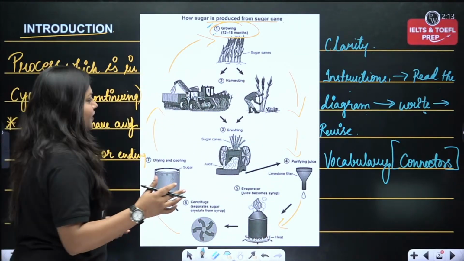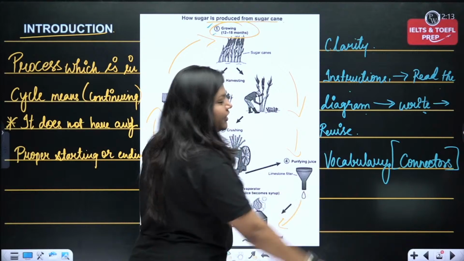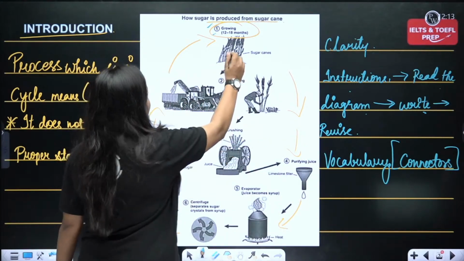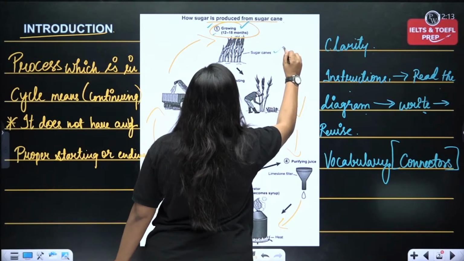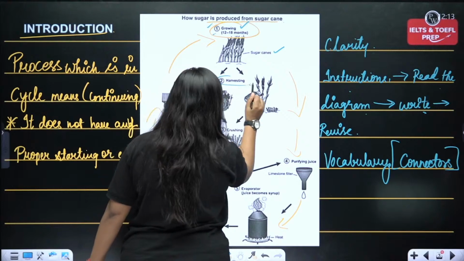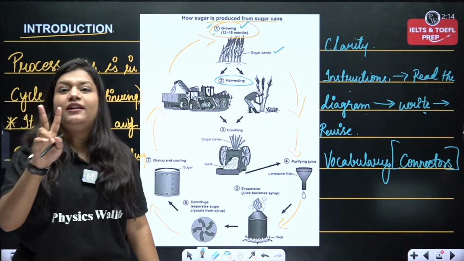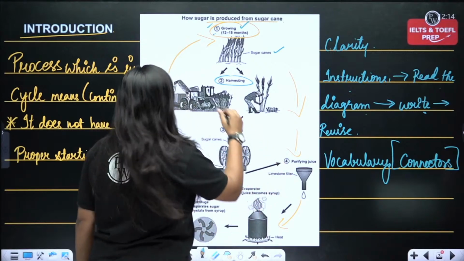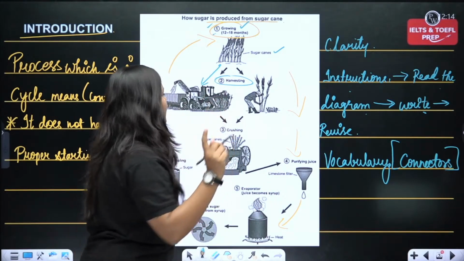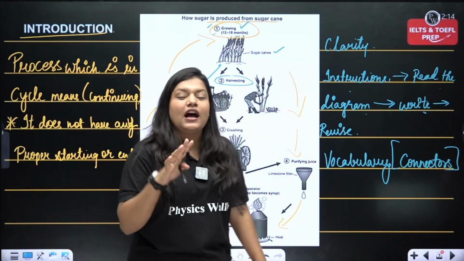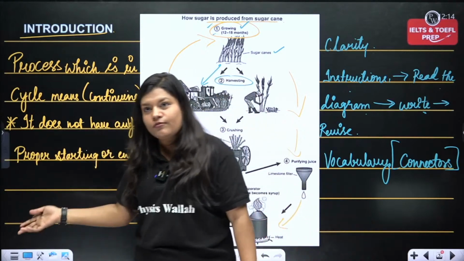Now, done. Vocabulary, connectors. Now there are some words written over here, for example growing, sugar canes, harvesting. The second step you can see is harvesting. The harvesting is being done through two ways. The first is through machine, though it's not entirely given how the machine works or how the process of the machine goes ahead.